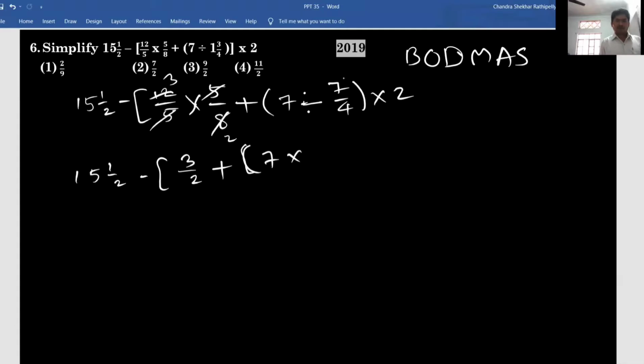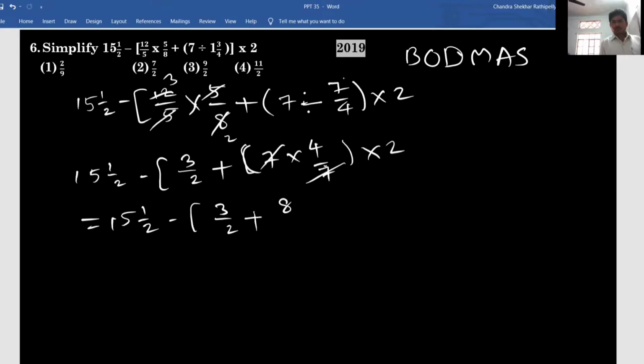So 7 into 4/7. So 7 cancel into 2. 4 2s are 8.